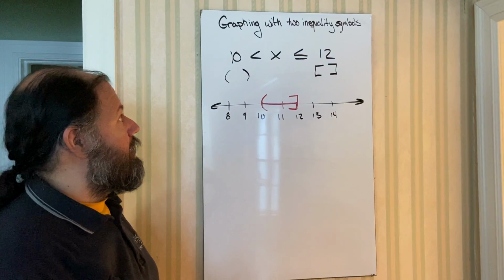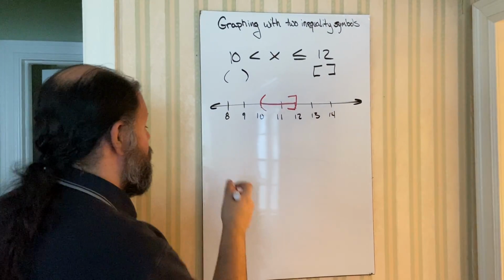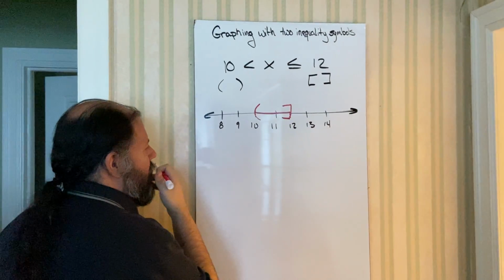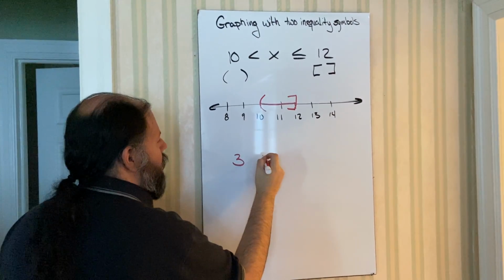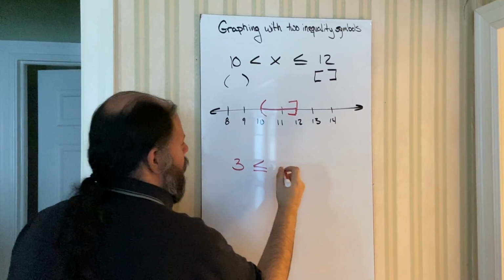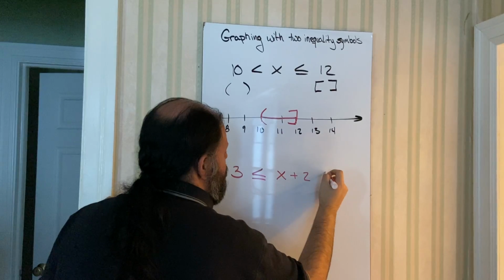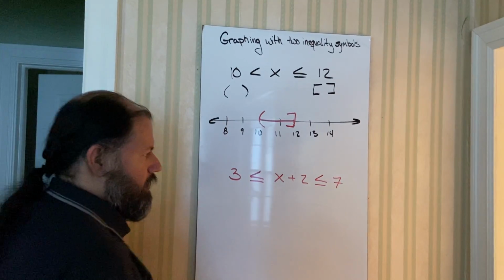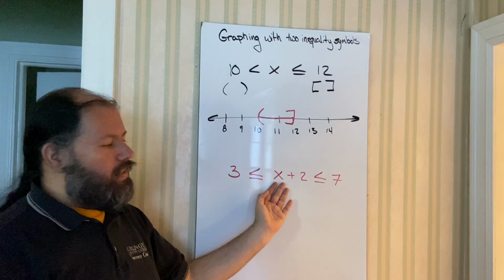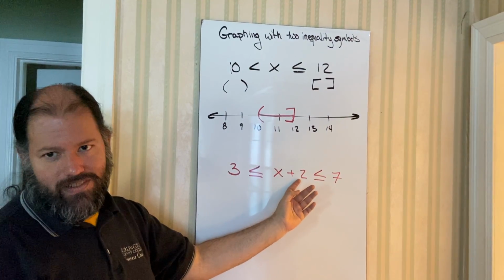The other thing is, maybe you have one of them that you might have to solve. So let's say if we had 3 less than x plus 2 less than or equal to 7. If you're trying to get x by itself, notice we want to get rid of the plus 2.